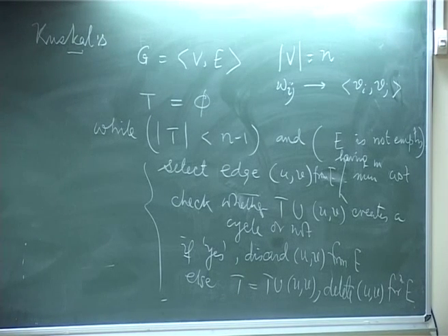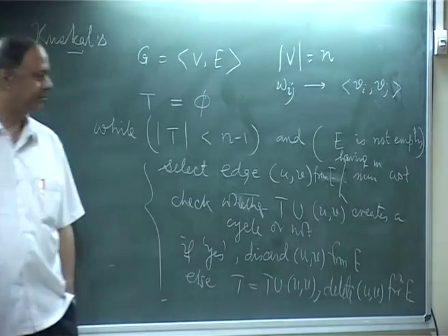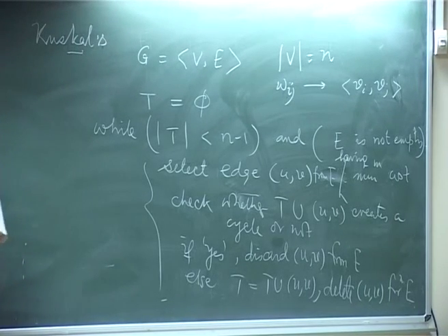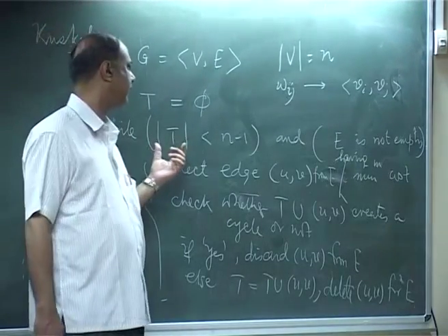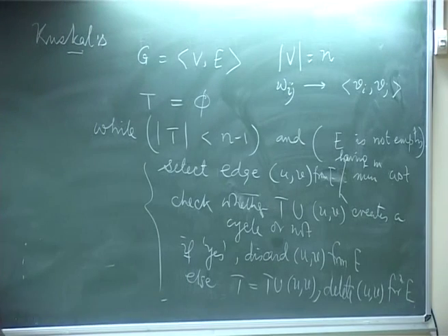If it creates a cycle, then you discard UV from E, and otherwise you add it into the tree and then delete UV from E. Now after coming out from this while loop, you check whether number of edges in T is n minus 1 or not. If it is n minus 1, you got the minimum cost spanning tree. So that is Kruskal's algorithm.